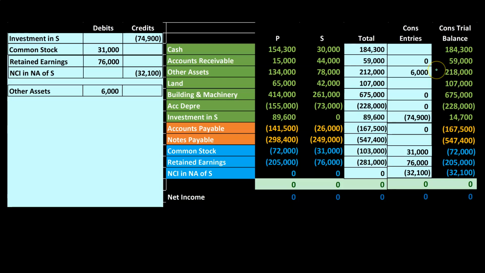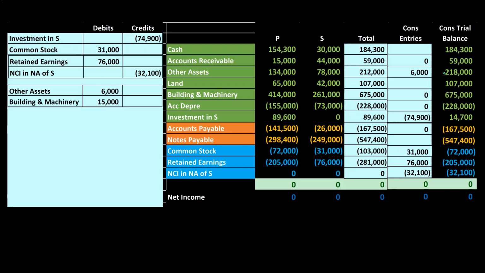So in our consolidation, we show it at basically the full amount. Now notice again, we're not taking 70% of the 6,000. We're not saying, hey, I'm just going to report P's portion of the 6,000. No, we're reporting the total increase in the assets here, showing the assets and liabilities reflected at full fair value. And then we're going to be showing the non-controlling interest down below. So we're going to have to adjust that.